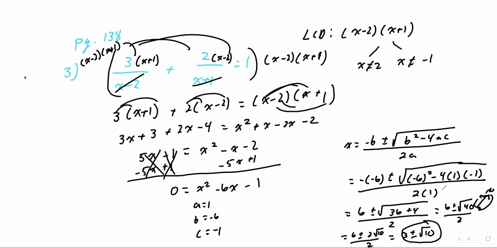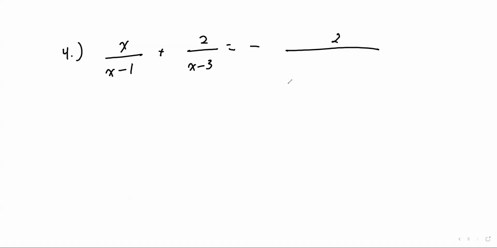All right, so again, let's take this one more step further. Let's look at number 4. So I get x over x minus 1 plus 2 over x minus 3 equals -2 over x squared minus 4x plus 3. Now, a lot of times they make this nice, but you always got to check just in case.